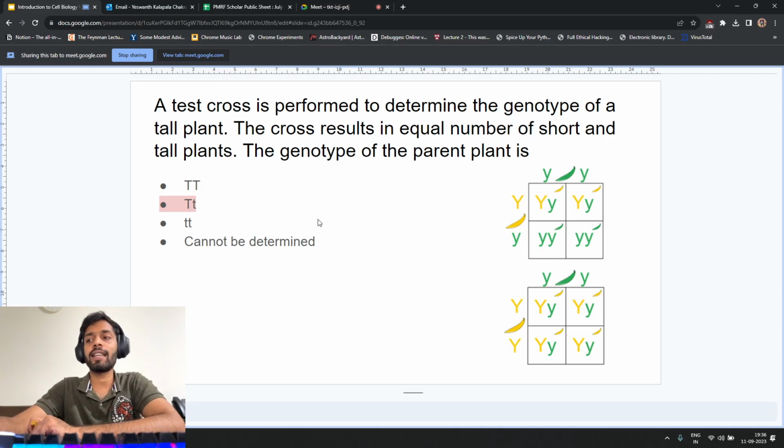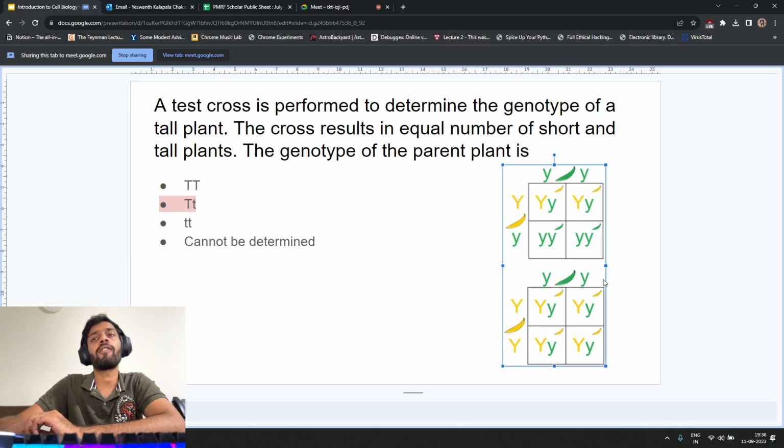A test cross is any cross that you perform with a recessive parent. So it has to be recessive. In this case, they're doing a test cross for the color. You don't know what this is. To determine the genotypic makeup of this, you will cross it with a homozygous recessive parent, so small y or green color. From this, if you get all yellow color, then you know that all of the alleles produced by this unknown plant are dominant in nature.